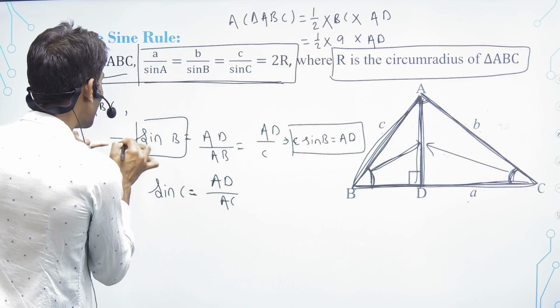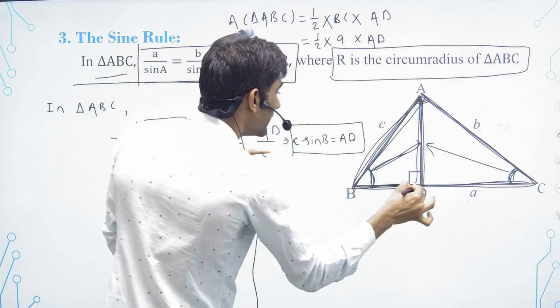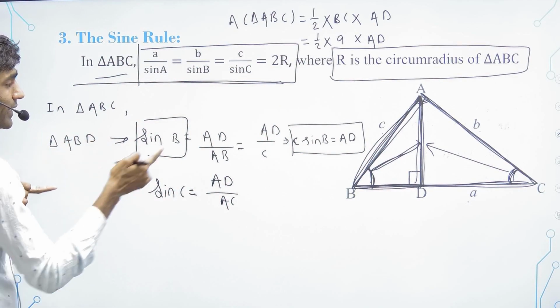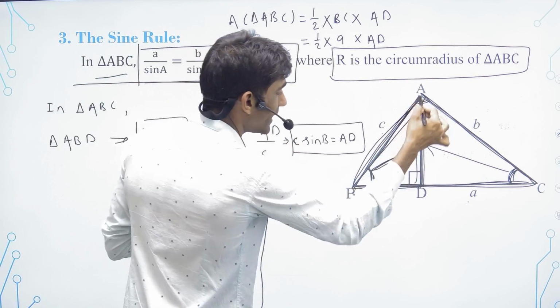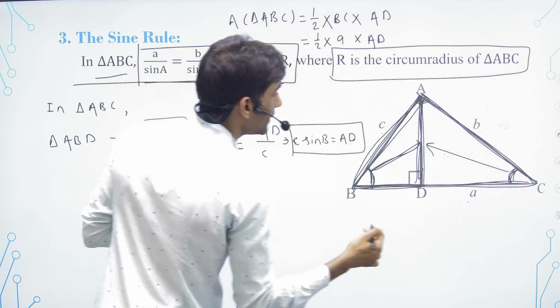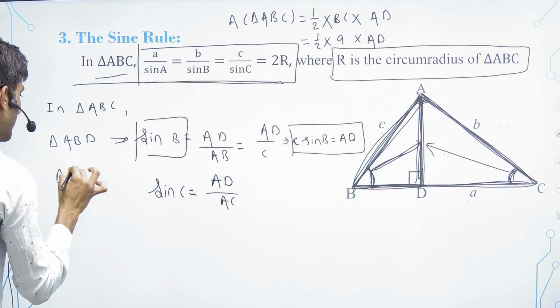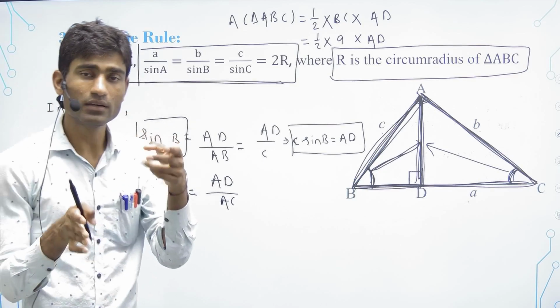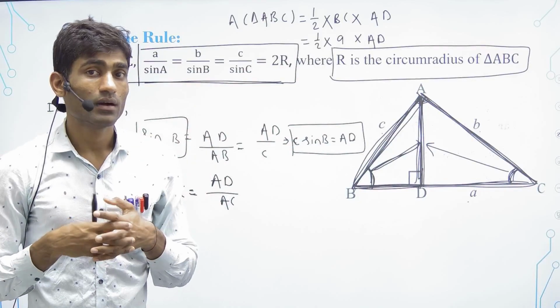That sine B we considered for triangle ABD, and now we use angle ADC, triangle ADC, for this result. So we use two separate results to prove two separate values for sine.